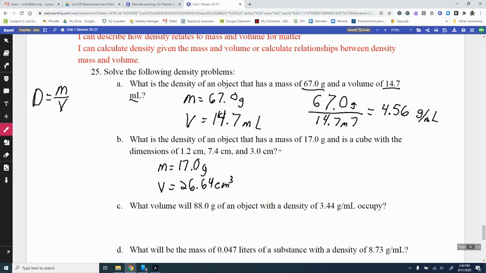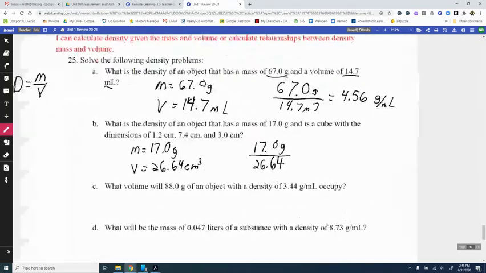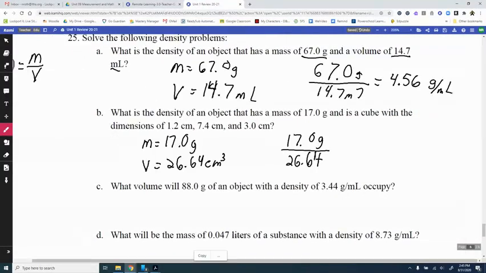Okay. Now, again, this is nice and simple. We have our mass and we have our volume. So we take 17.0 grams divided by 26.64 centimeters cubed.